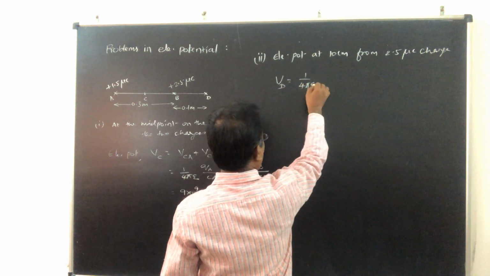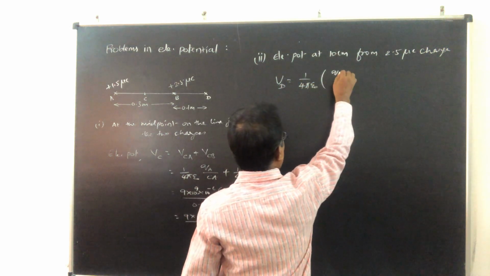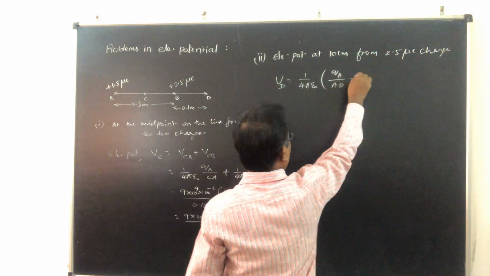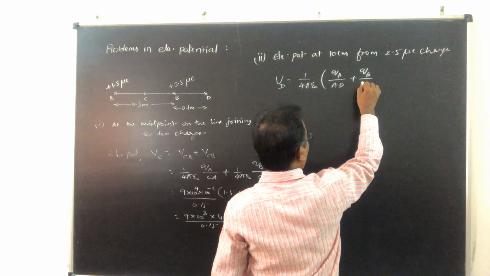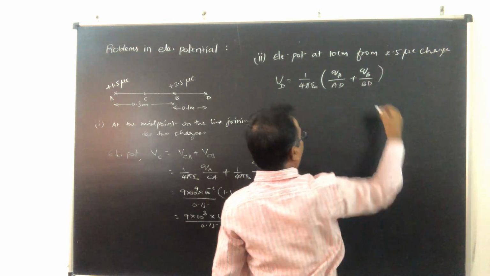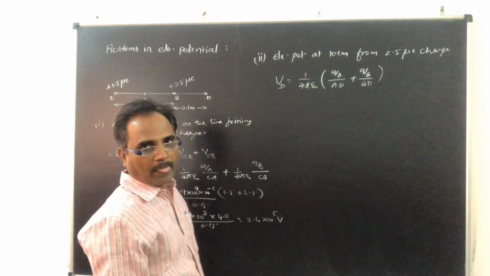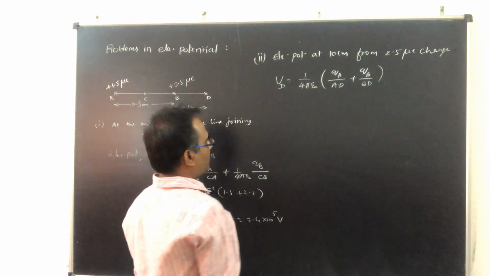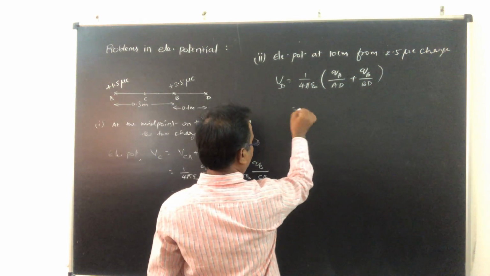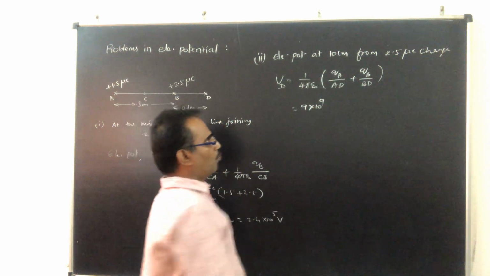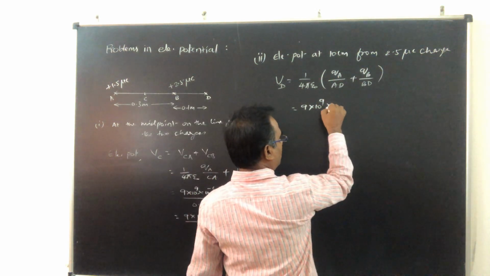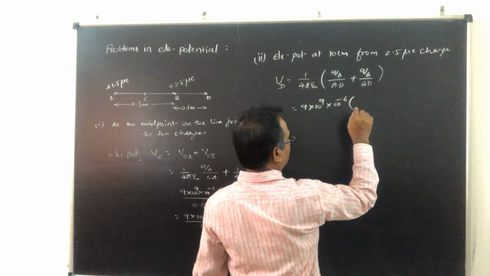This is 1 by 4 pi epsilon naught common, QA divided by AD plus QB divided by BD. Sum of potentials due to individual charges. So it is 9 into 10 to the power of 9. Both are microcoulomb charges, so 10 to the power of minus 6 is common.